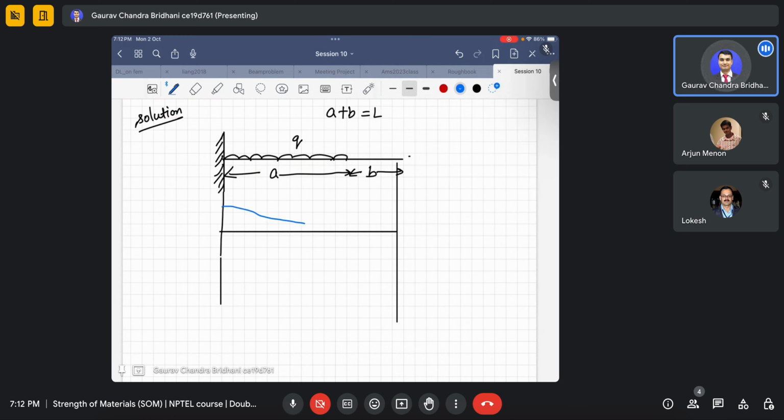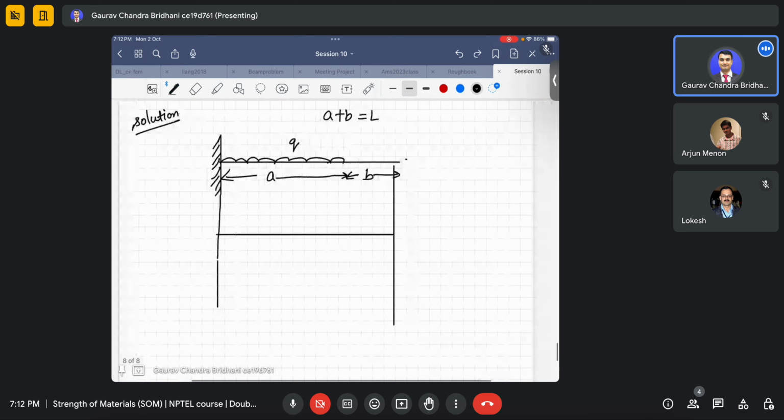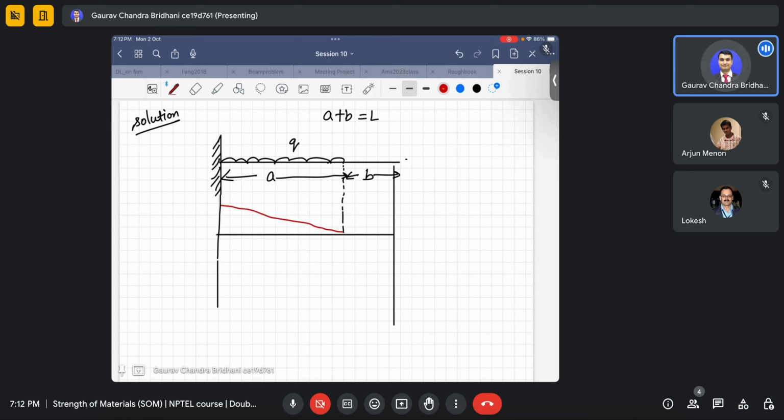Something like this, a straight line, meaning a linear variation will be there, and the value here will be Q into A.